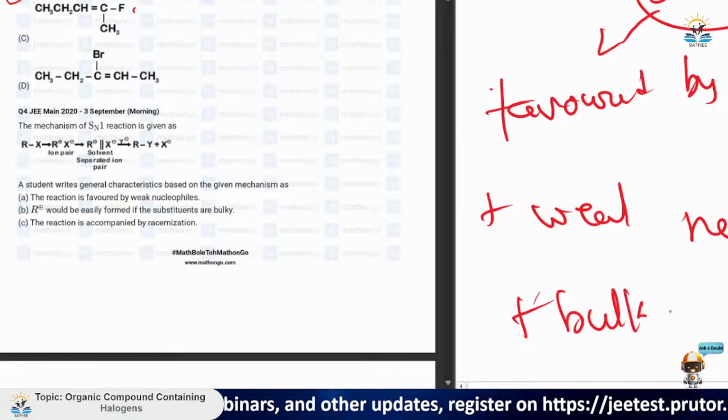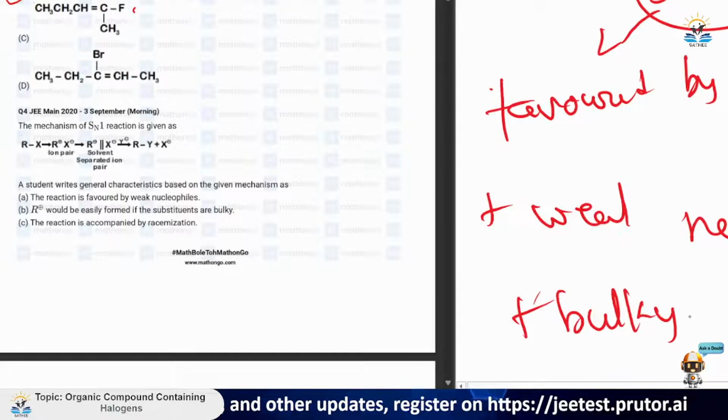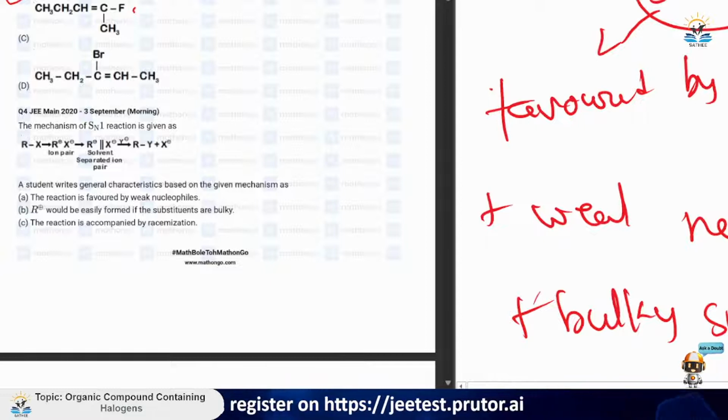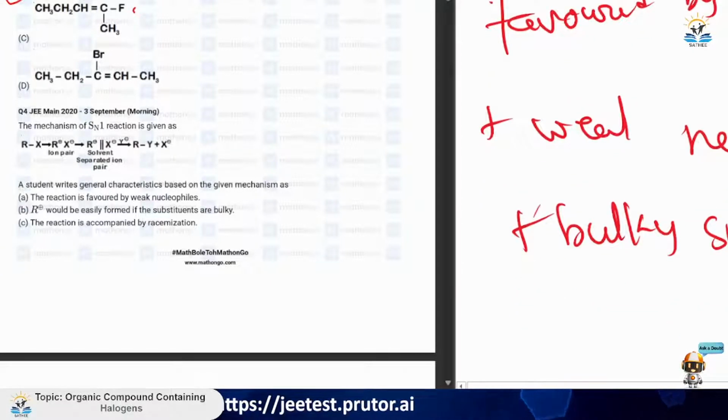Why bulky substituents? Because if a 3-degree carbon is there, the stability will be higher and the SN1 reaction will be more preferable there. And the reaction is accompanied by racemization also.